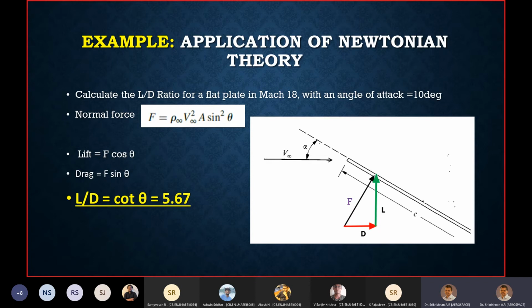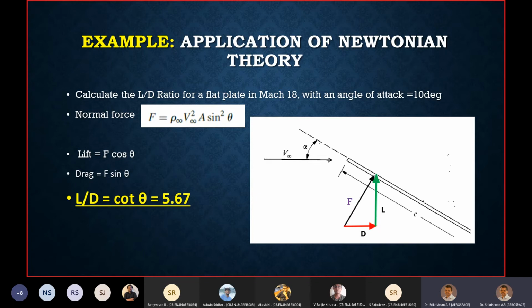What is to be calculated here is the L by D ratio. We know the force, we have discussed it in the last 2 classes. So you know that force is rho v infinity squared s sine squared theta as per Newton's theory. And this is an attached shock case, so you don't have to worry about the lee side modification, etc. And we had derived yesterday a simple relation, L by D equals cot theta.